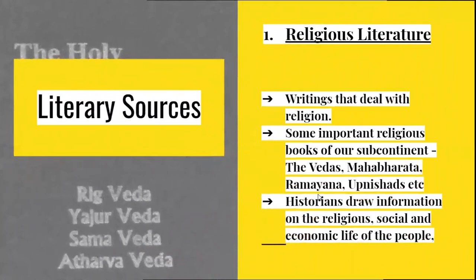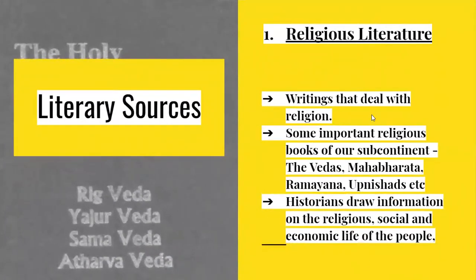So there are 2 kinds of literary sources: religious and secular. Now, what is religious? Clearly, as the name states, any writing that has to do with religion is known as religious literature, right? Some of the very important books for our subcontinent are the Vedas, the Mahabharata, the Ramayana, Upanishads, right?